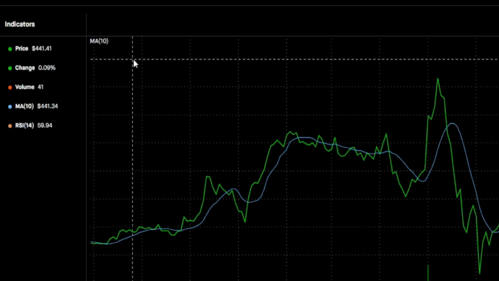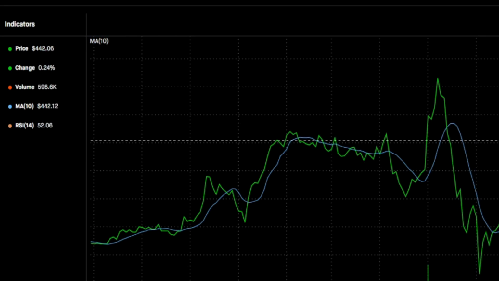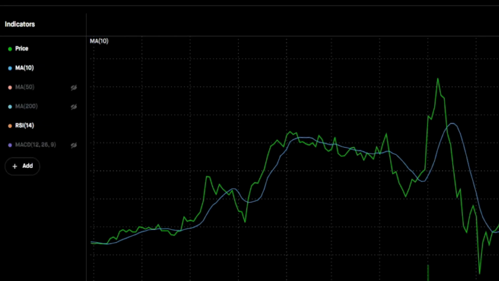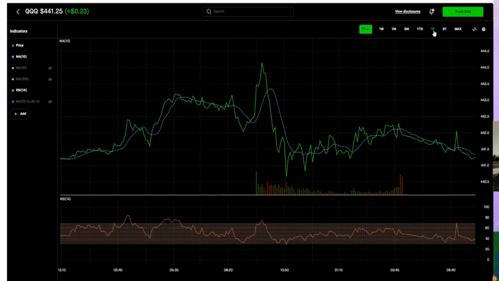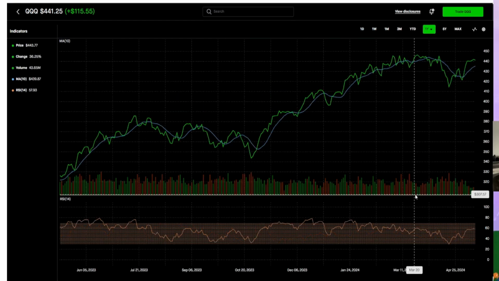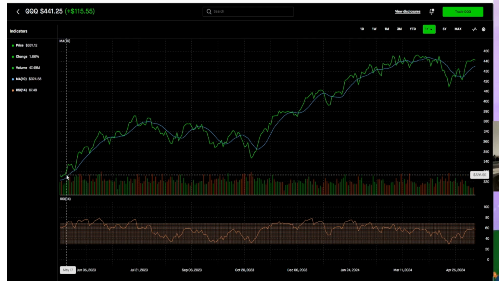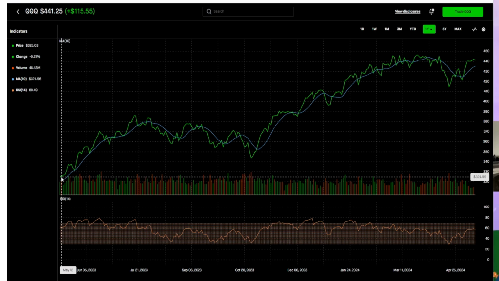So let's take a look at QQQ for the past year, and we see that the price per share is around 441.25.